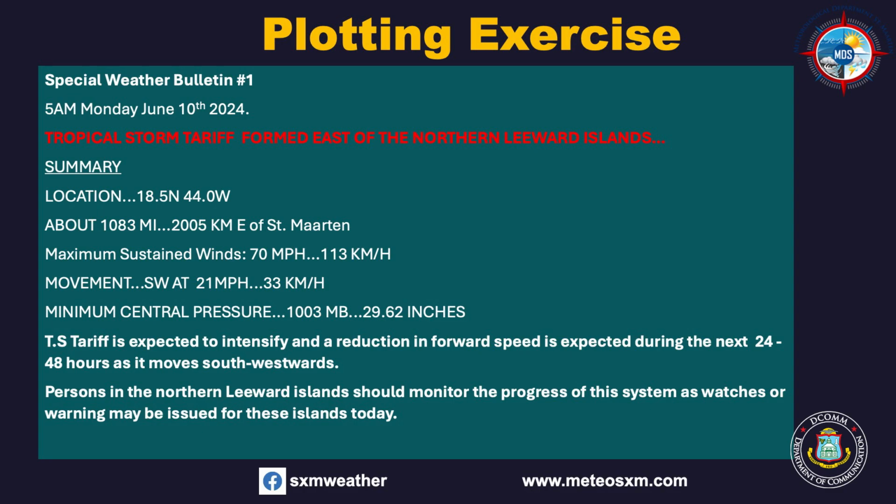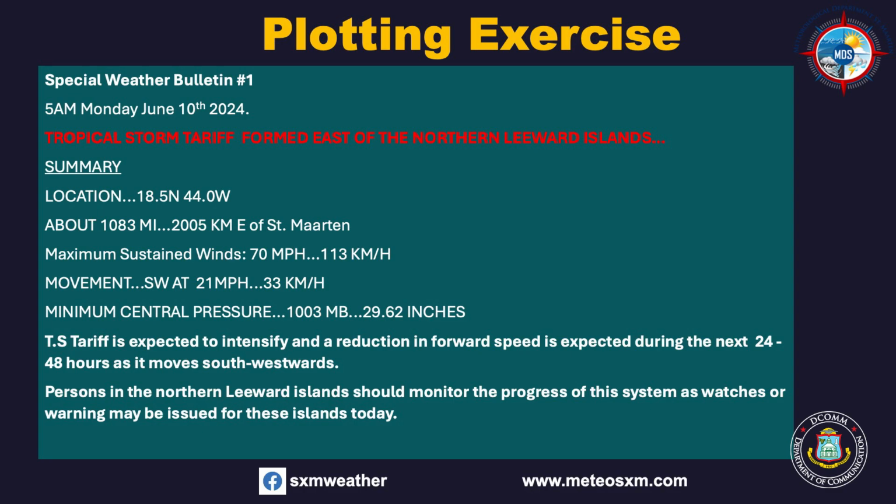There is a number to each of them. So we have this being announced. Tropical Storm Tarish formed east of the northern Leeward Islands. The location is 18.5 north, 44.0 west. It's about 1,083 miles east of St. Martin.